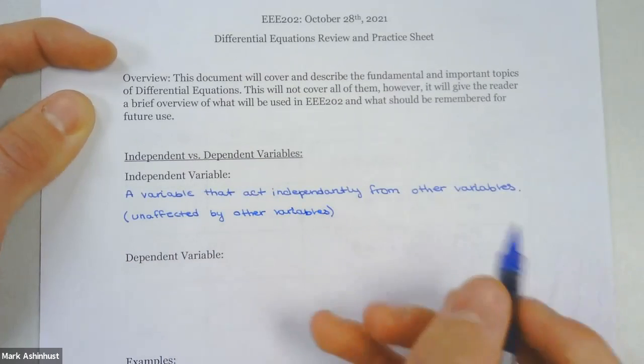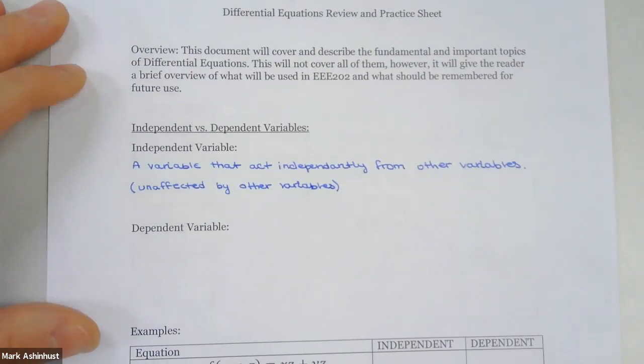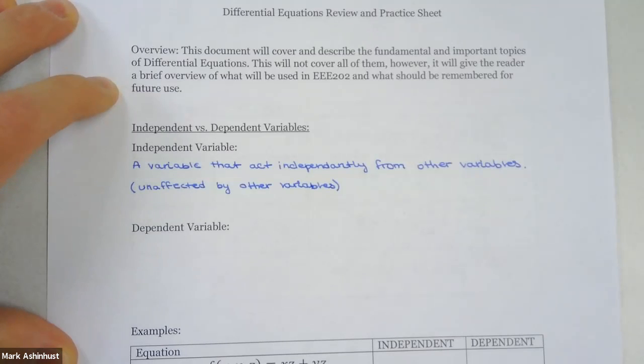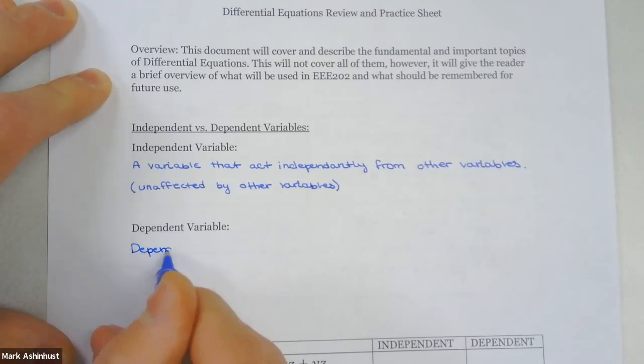Now, conversely, the dependent variable is going to be, you could probably guess it, dependent on other variables.